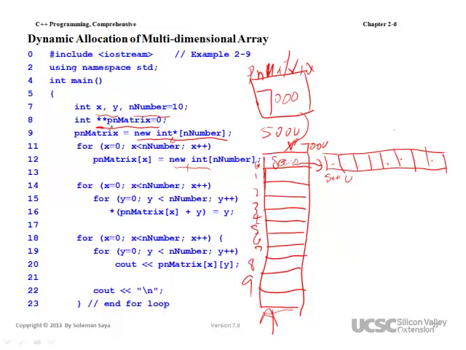The purpose of having 2 stars is that the first pointer, which is holding an address, is pointing to some memory which also holds an address. That's why we have 2 stars. And then the array of pointers is pointing to a data array, which will hold some data depending upon how we initialize it.